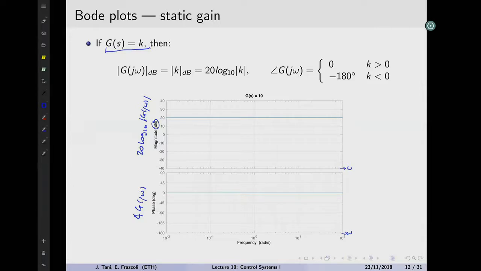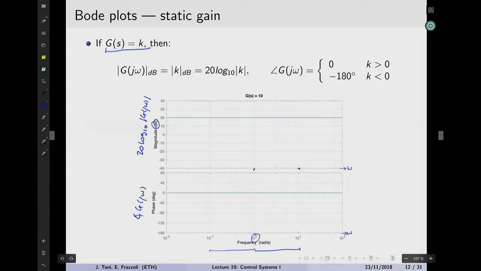Note how the logarithmic scale has these spacings that are called decades. When we refer to a decade, all we're saying is the spacing between two of these points on the logarithmic scale, which are basically different orders of magnitude of the frequency.